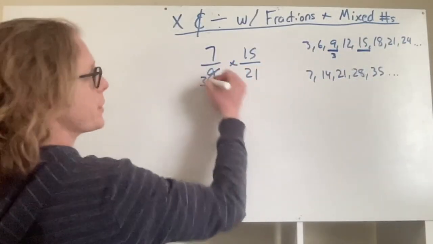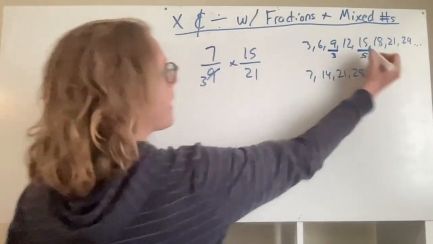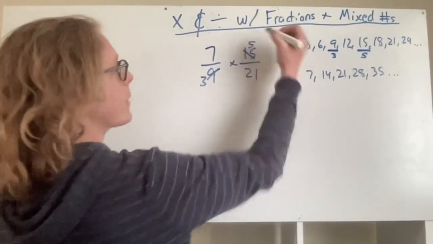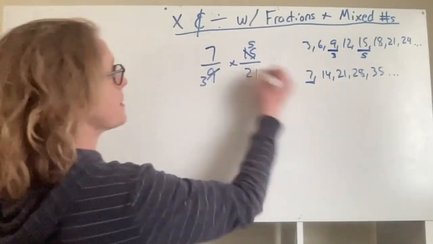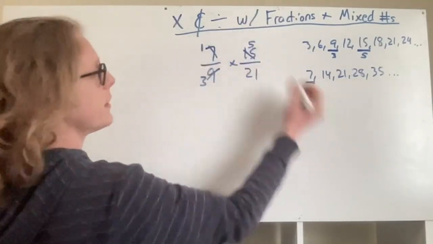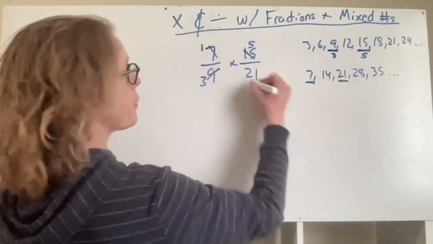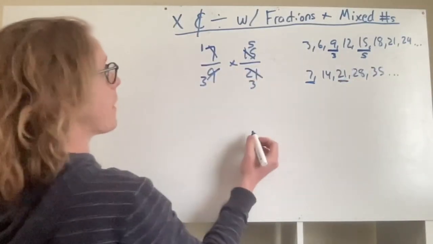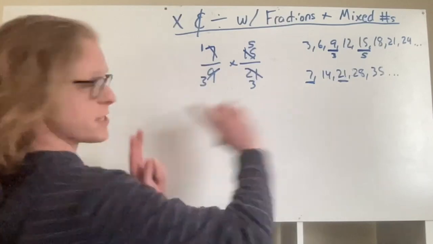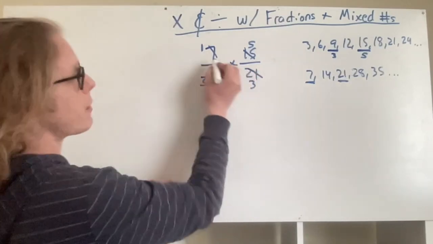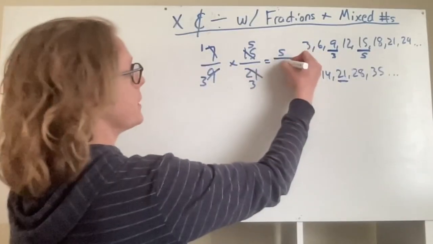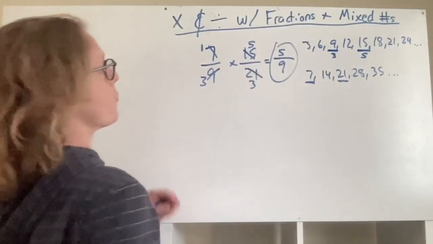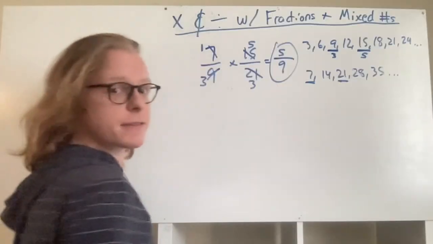So this becomes a 3. And this is 3 times 5. Okay? And then 7 and 21, those are both 7 times tables. This is 7 times 1. And this is 7 times 3. Now that I've done my cross canceling, let's just multiply straight across. 1 times 5 gives me 5, and 3 times 3 gives me 9. So my answer is 5/9.